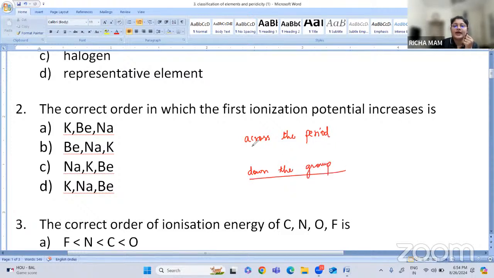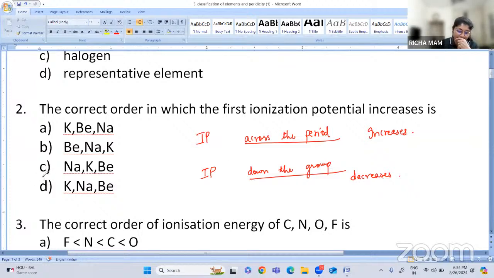Across the period, what will happen? It will increase. Across the period, it will increase and down the group, it will decrease. So this is the trend.